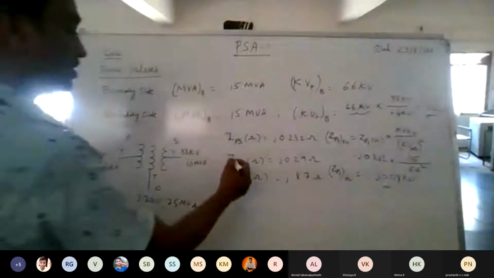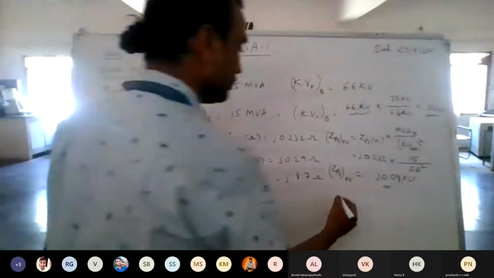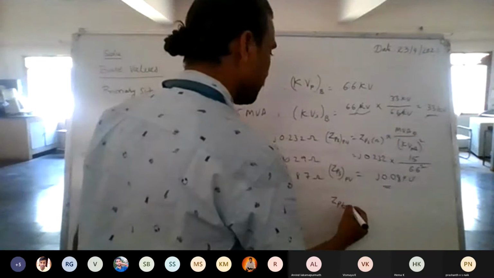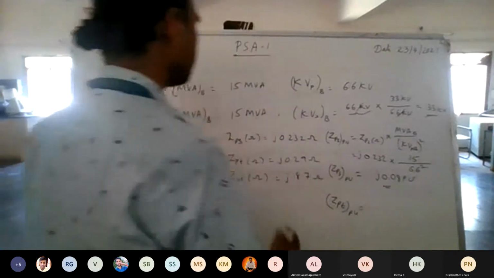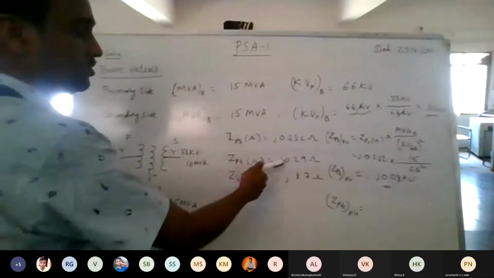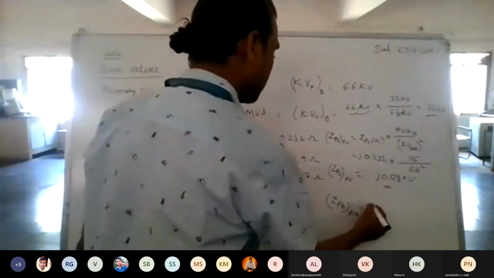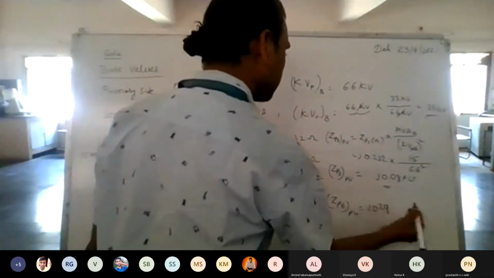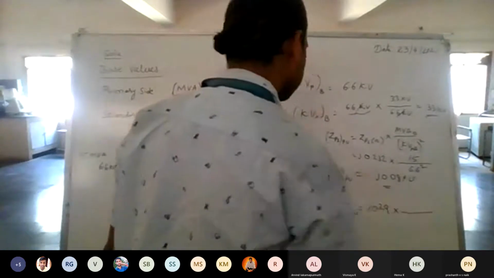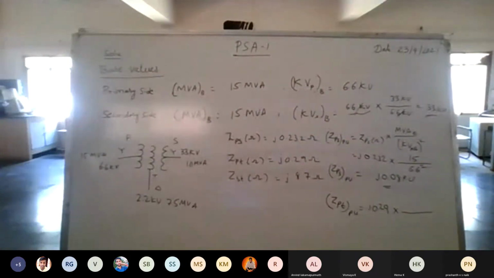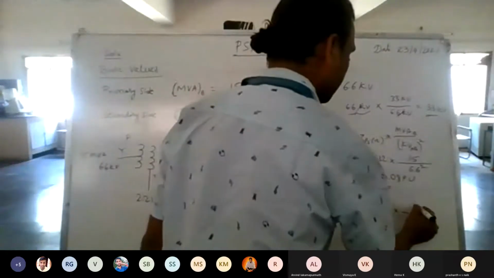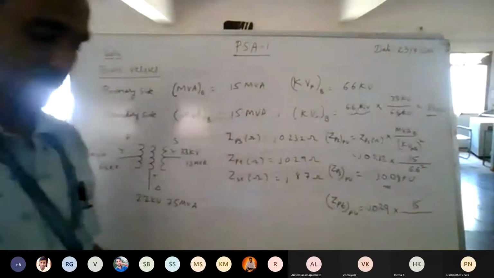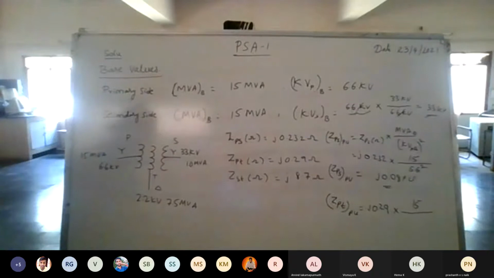Similarly, calculate for ZPT. ZPT per unit is equal to ZPT ohm, J0.29, multiplied by the primary to tertiary MVA, 15 MVA, divided by kVp square, that is 6.6 squared.